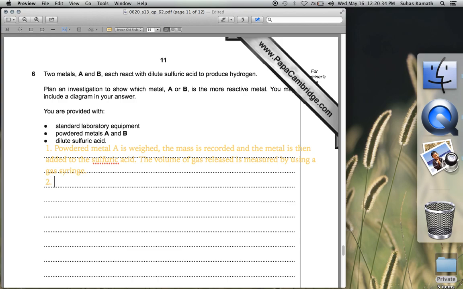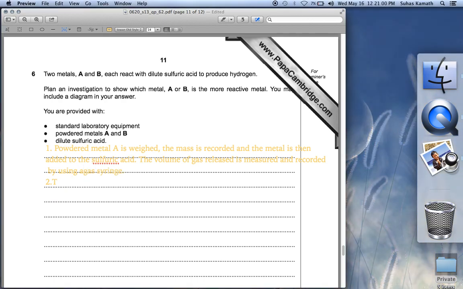The volume of gas is measured and recorded by using a gas syringe.